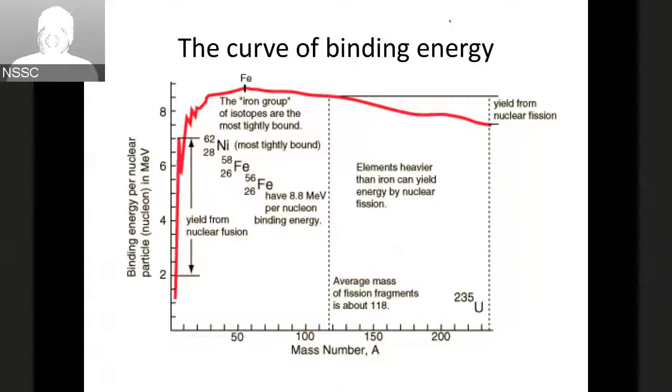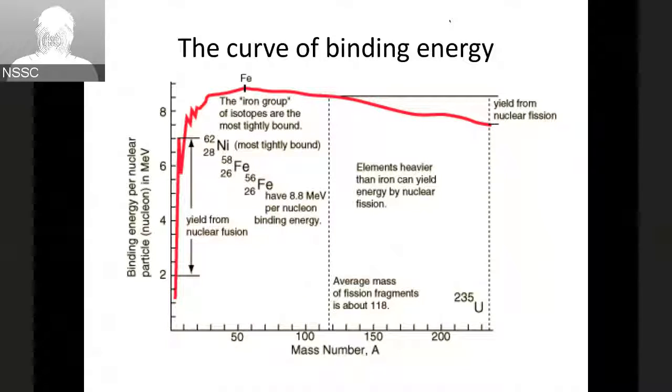So for A of 236, the binding energy per mass unit is around 7.5 MeV. What happens if I take that nucleus and take it apart into 2 equal pieces? Actually, it tends to go into asymmetric pieces, but just for now.